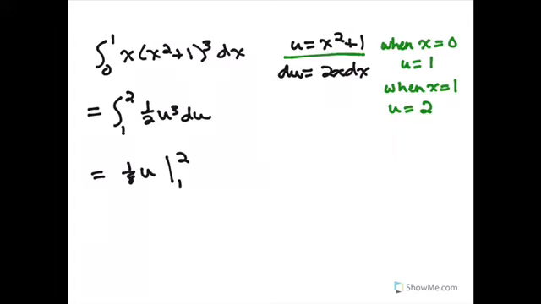So because I changed my limits, I don't have to back substitute. And then we evaluate that. Oops, I lost my 4th, sorry. So I get 1/8 times 2 to the 4th minus 1/8 times 1 to the 4th, which gives me the same answer as doing it the other way.